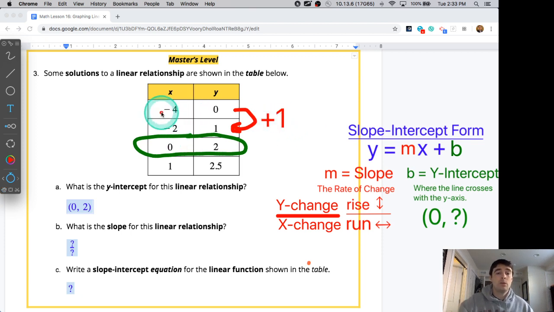And the x went from -4 to -2. And so when the x traveled from -4 to -2, it was also gaining value. Specifically, in this case, our x gained 2 units of value, or went up by 2, to go from -4 to -2. So that gives me a slope of 1 over 2.